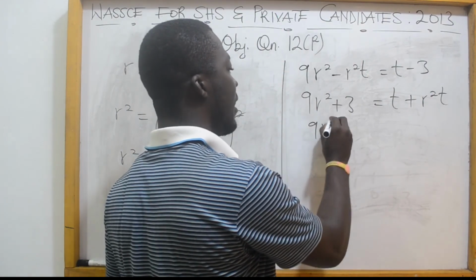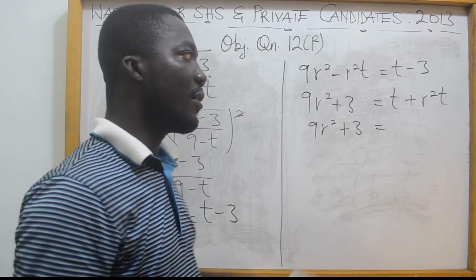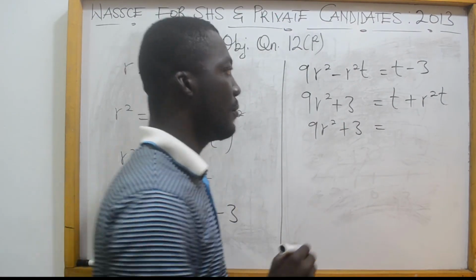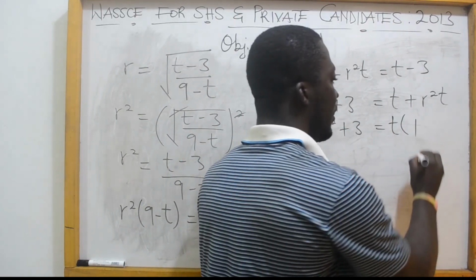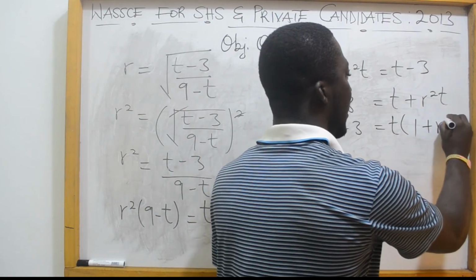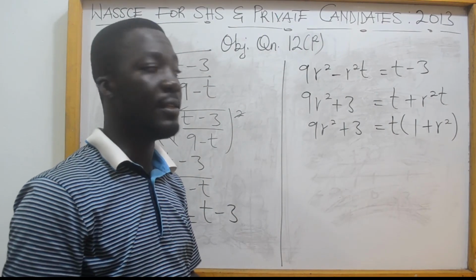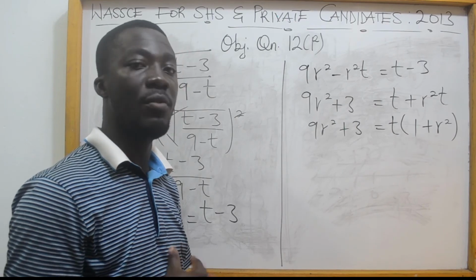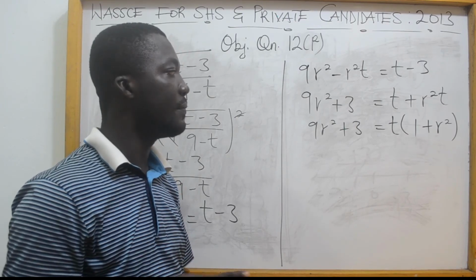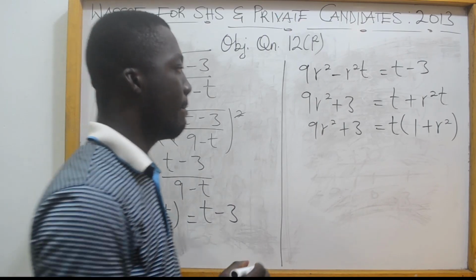So we get 9R squared plus 3 is equal to, we factor T out, T into brackets 1 plus R squared. Now we want to find T, so we divide both sides of the equation by 1 plus R squared.